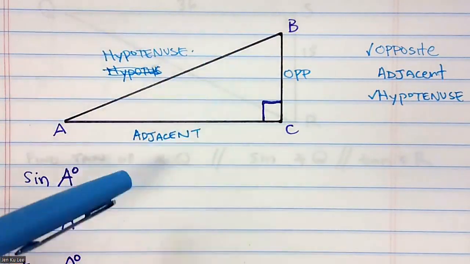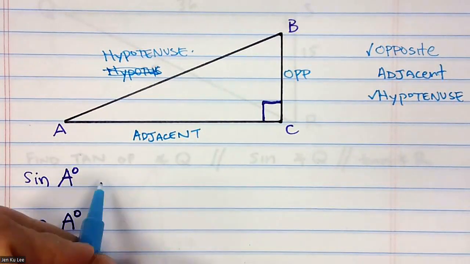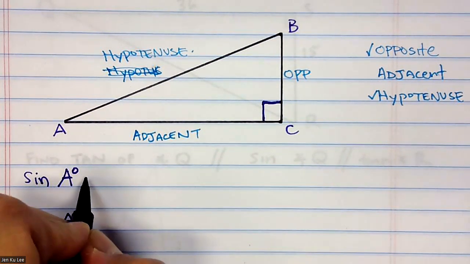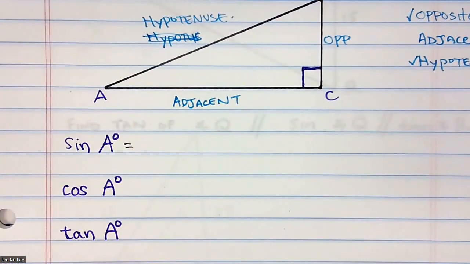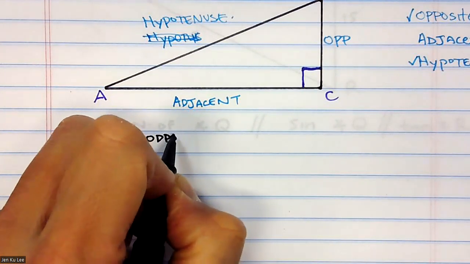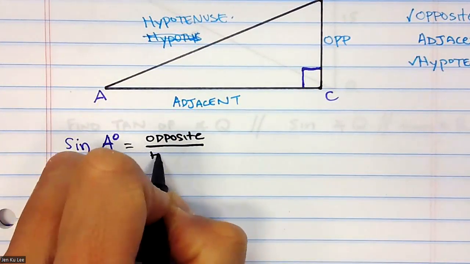Okay? Opposite, adjacent, hypotenuse. And the sine function is just the ratio of your opposite over your hypotenuse.